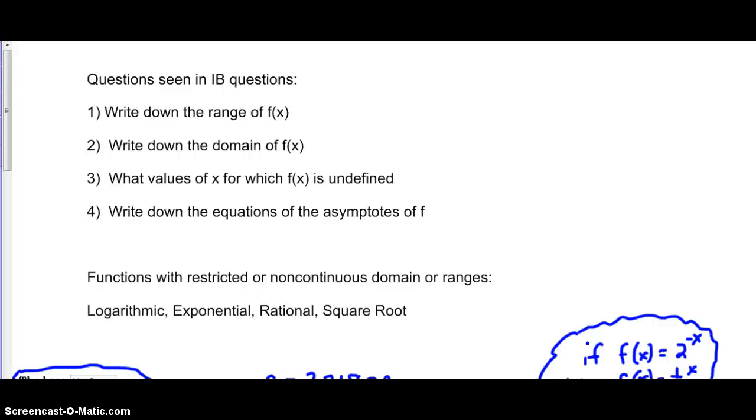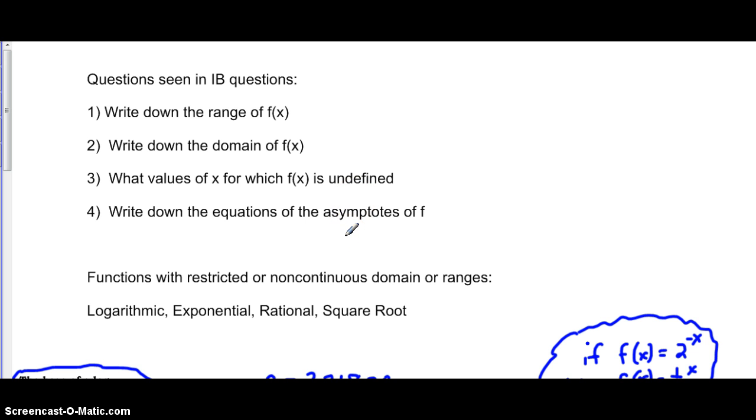Within the IB questions you'll see on the exam, they'll have questions about domain and range. Some of them that we've seen are to write down the range of the function, or write down the domain of f of x. Also, I've seen it written as what values of x for which f of x is undefined.